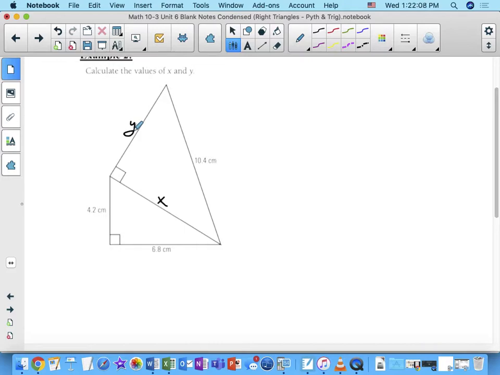Do we have enough information to find x? Yeah, because we've got these two sides. So we could calculate x. Once we calculate x, would we have enough information to calculate y? Yes. Good. Okay. That's what I want you guys to do. I'm going to give you guys about, let's say till 1:30, 8 minutes to do that now.